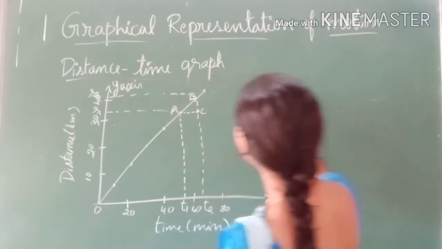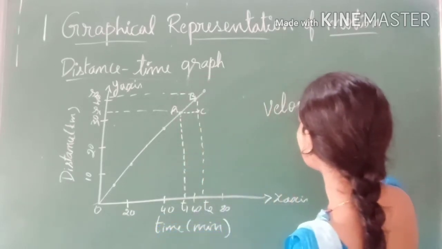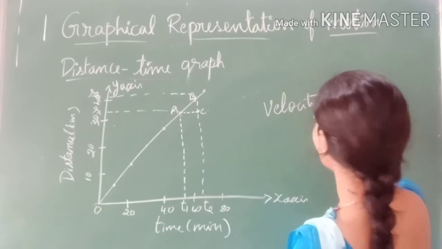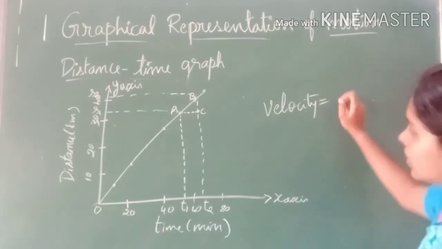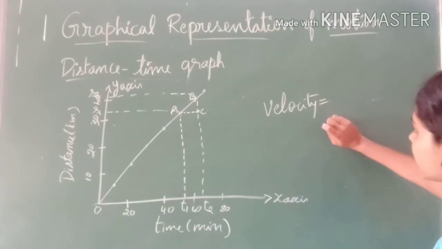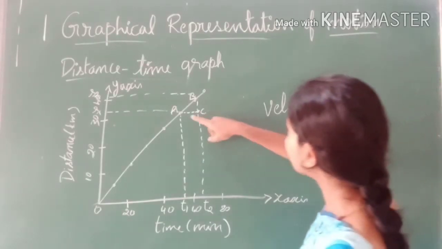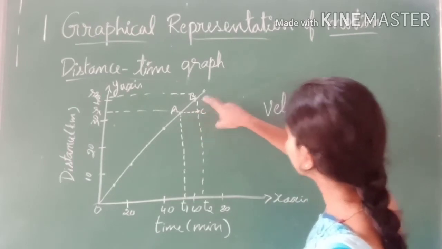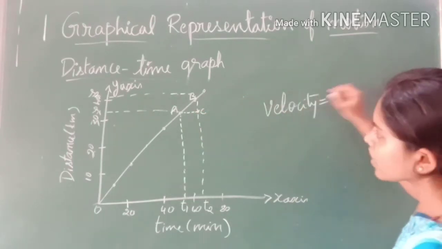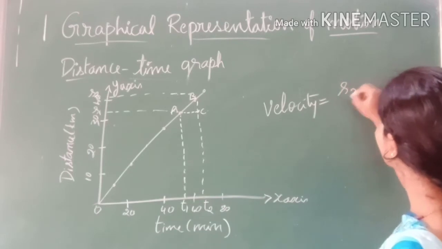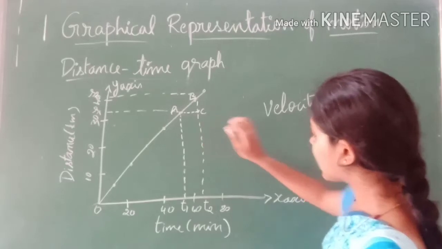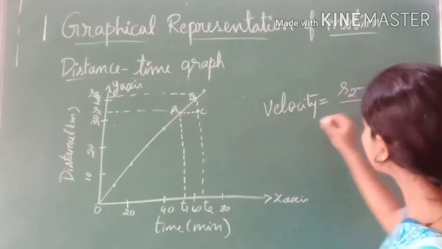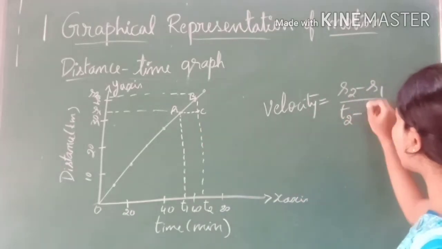So I want to find the velocity now. Velocity is nothing but distance travelled divided by time. So the distance travelled from here to here is S2 minus S1, and the time taken from here to here is the difference between T2 and T1.